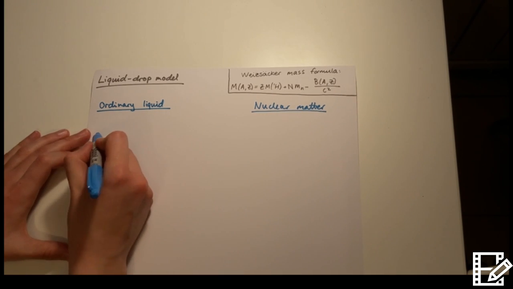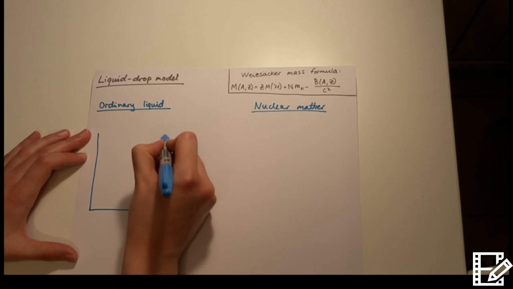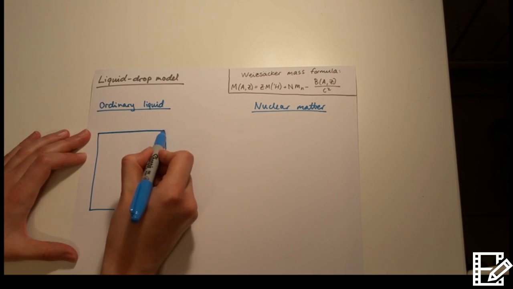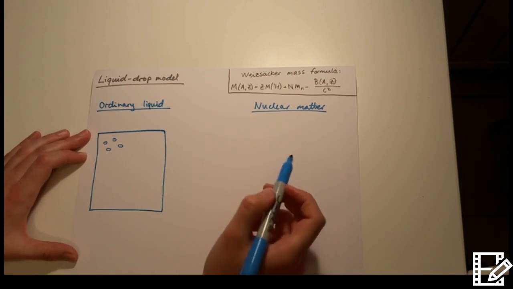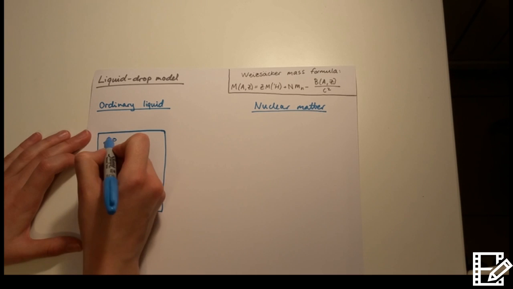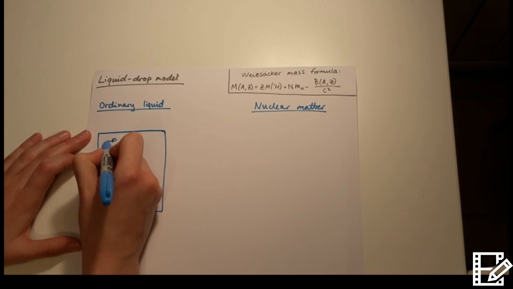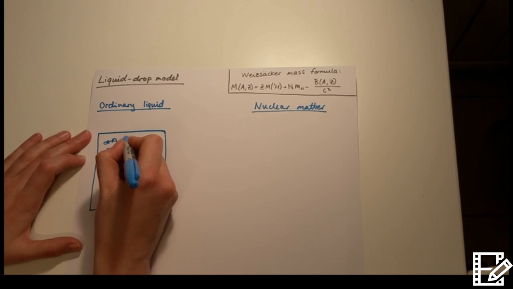For example, we know a liquid consists of all these molecules. And we know that there's an interaction between the nearest neighbors of these molecules.